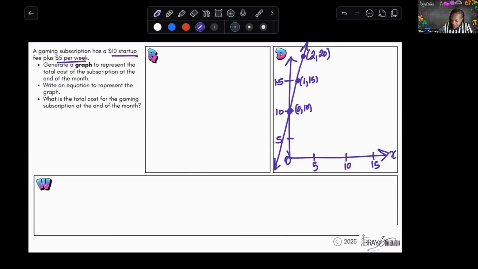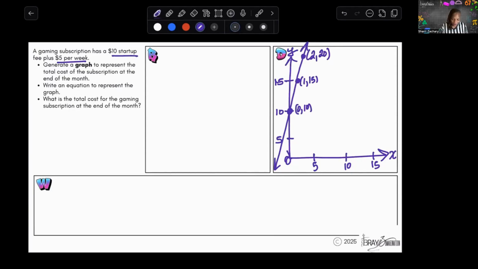Remember, our X is representing our weeks, and our Y is representing our cost. And I think that's very important for us to identify what the X and Y axes are representing. So once again, our X is representing our weeks, our Y is representing our cost.